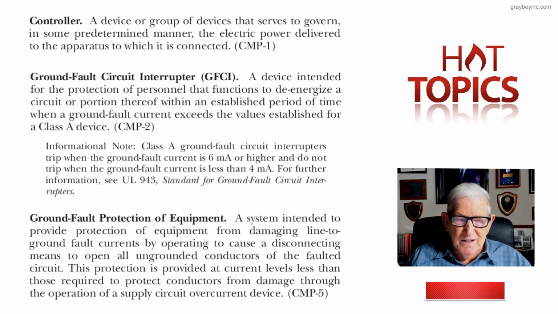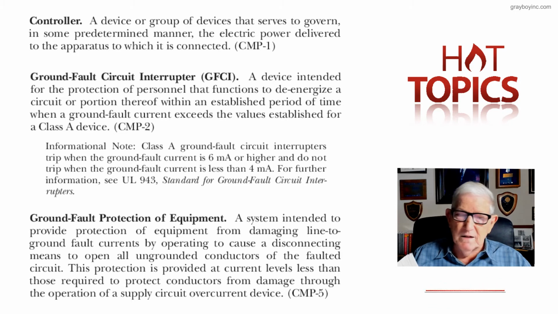It states that it's a device that is intended for the protection of personnel, not equipment, but personnel, and functions to de-energize a circuit or portion thereof within an established period of time when a ground fault current exceeds the values established for a Class A device.